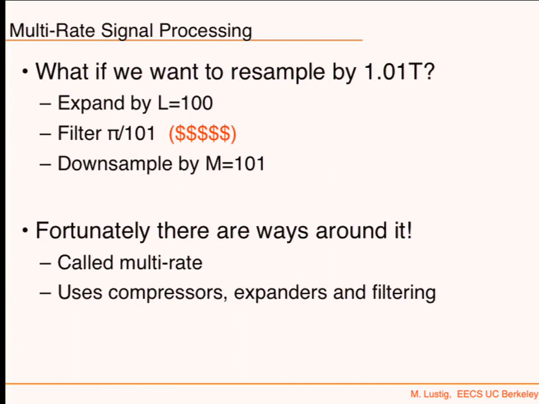Okay, so let's go back to resampling. And resampling is important because there's a lot of systems that have different clocks, and you think that you're sampling at a certain rate, but you're actually not sampling at that rate. You need to resample your signal to really get to that rate, and so on and so forth.